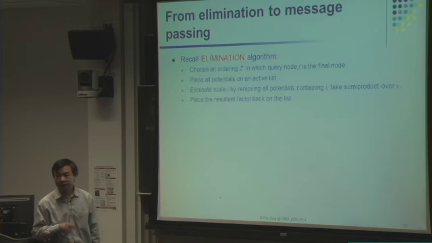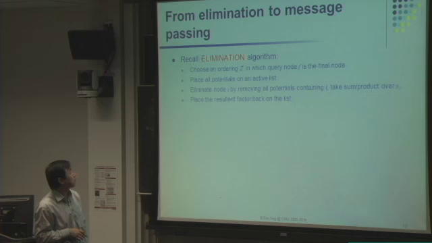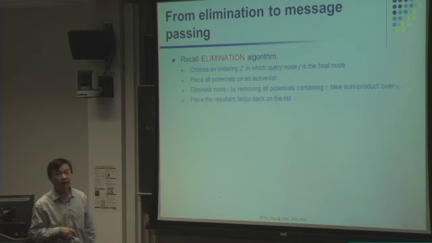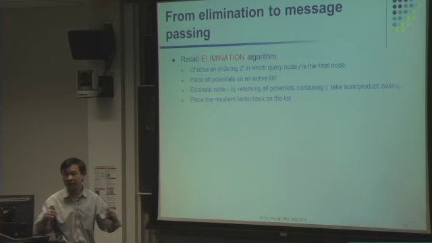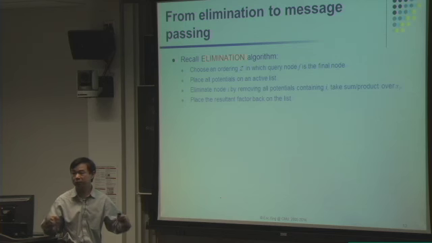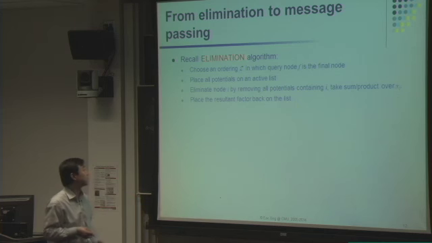And now let's record the elimination on a tree we see so far. We're going to basically choose an ordering first, and the ordering usually depends on the topology of the entire graph and also where your query is. You need to leave your query the last to be eliminated, right?